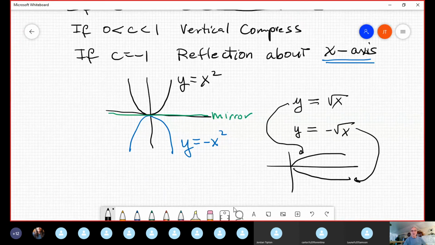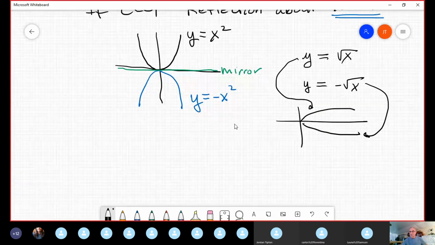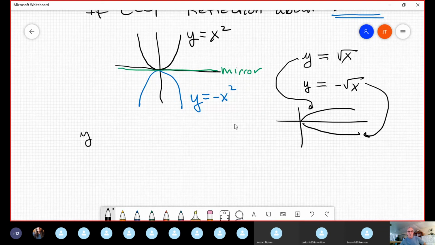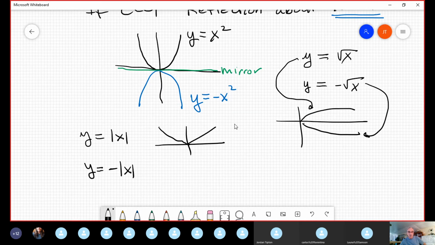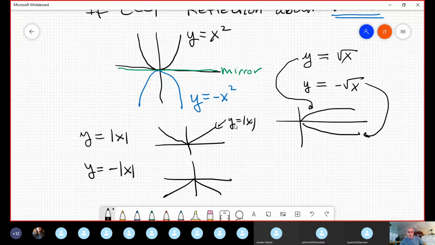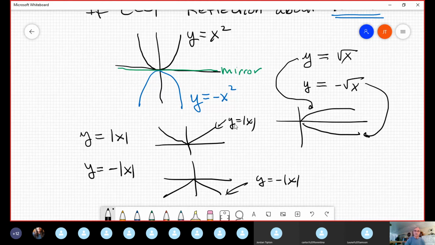Another example, I don't like this example. Suppose absolute value. Absolute value looks like a V, like that. And what is the graph of the negative absolute value? It's a V, but down. This is the function y equal absolute value, and this is the function y equal negative absolute value. Do you understand this? Super.